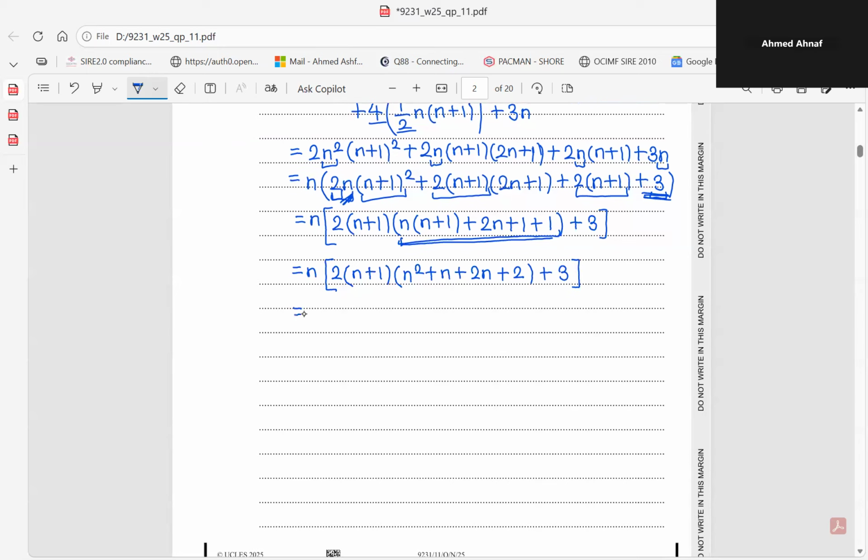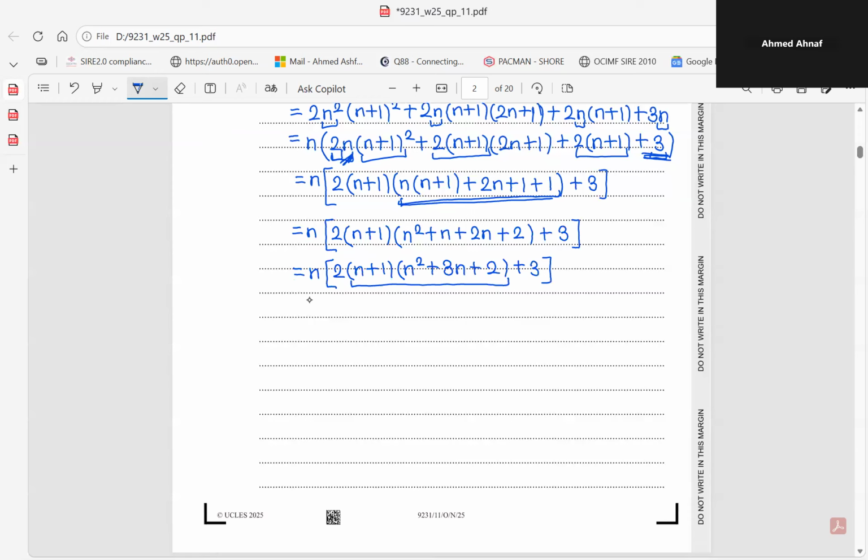Okay, almost done. So 2 times n plus 1 times n squared plus 3n plus 2 plus 3. Okay, so here is where we're going to expand out everything. So we're going to first start out by expanding these two brackets out fully.